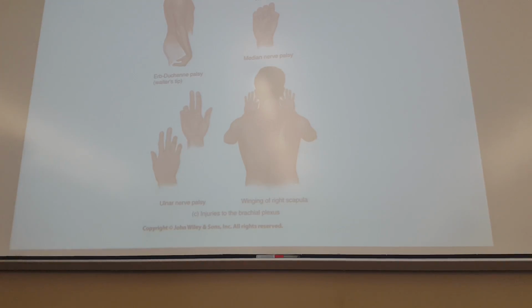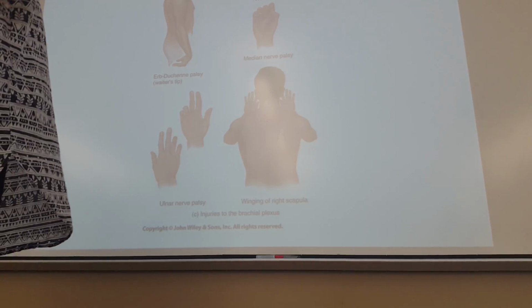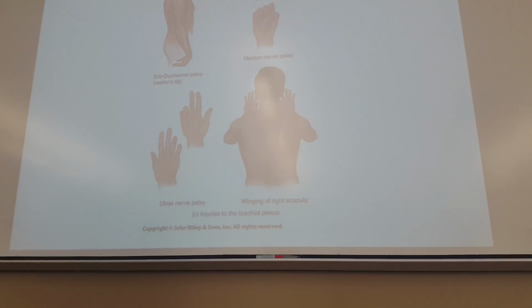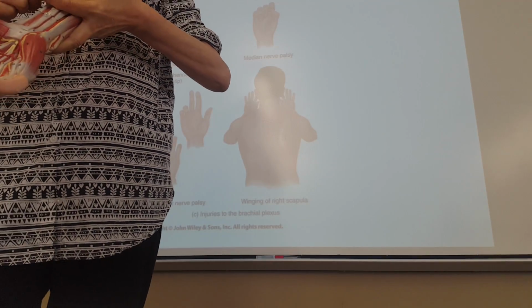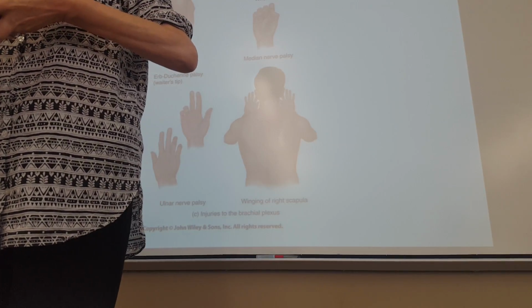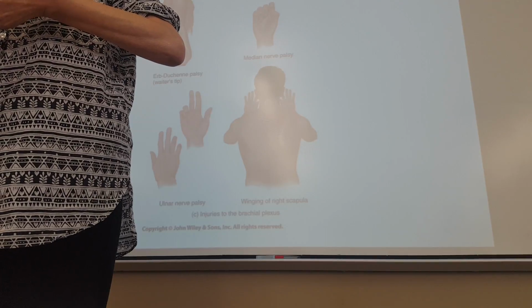So that means the median nerve supplies pronator teres, the first P, flexor carpi radialis, F, palmaris longus, another P, and flexor carpi ulnaris.